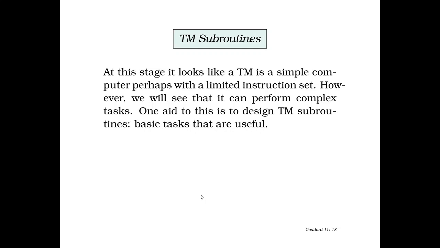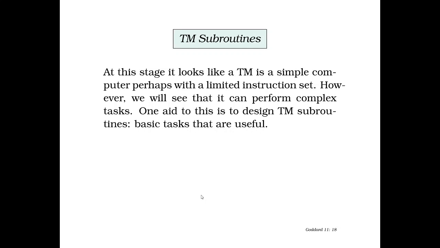Now, if you look closely at a Turing machine, it does look like a small computer, maybe with a limited instruction set. However, we can see that it can certainly perform complex tasks. One aid to that is to design Turing machine subroutines.